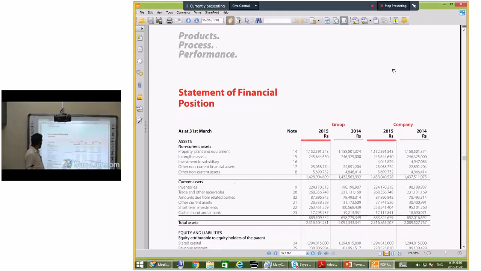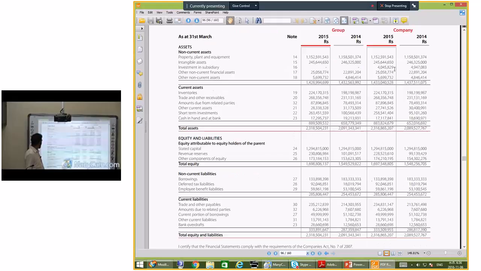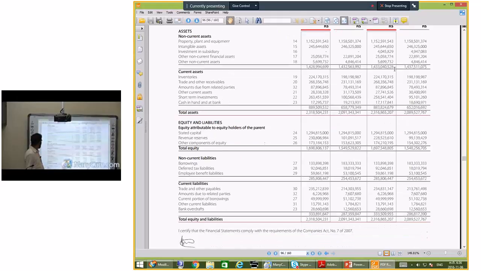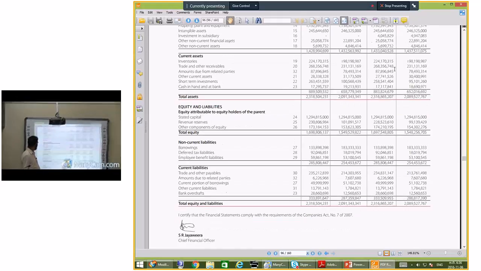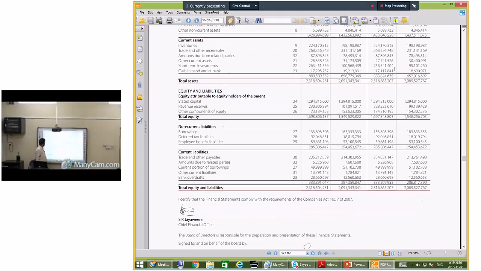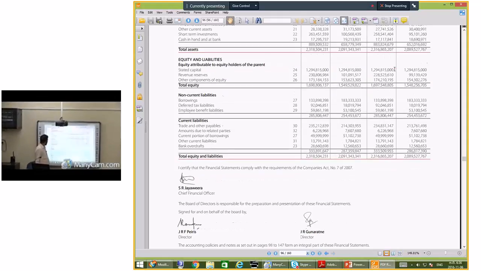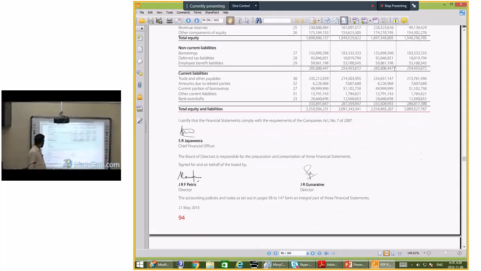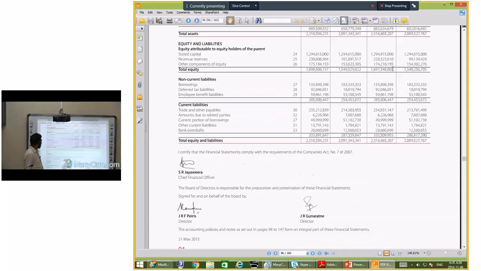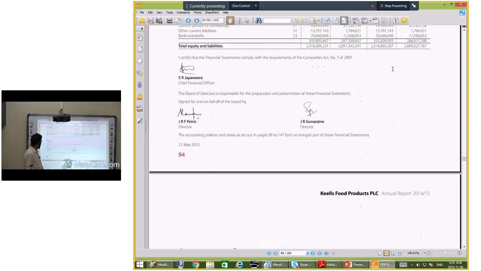Then financial position, the balance sheet: non-current assets, current assets, equity and liabilities, stated capital, revenue reserves, non-current liabilities, borrowings and deferred taxation, employee benefit liabilities, current liabilities, and total equity and liabilities during the last 2 years, group as well as company, right?